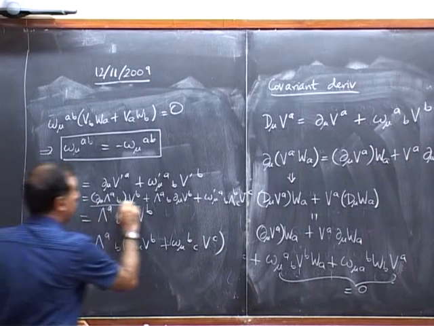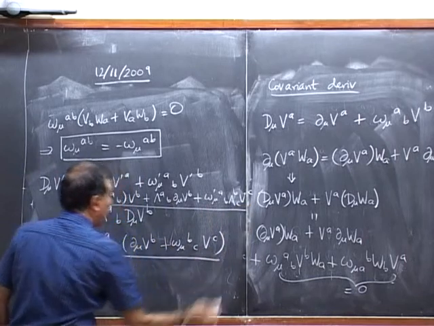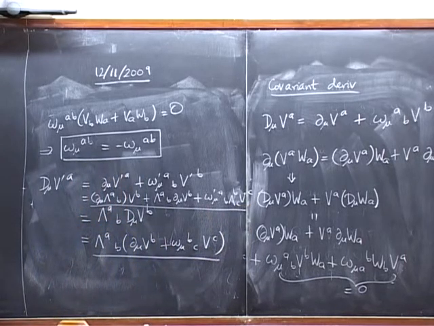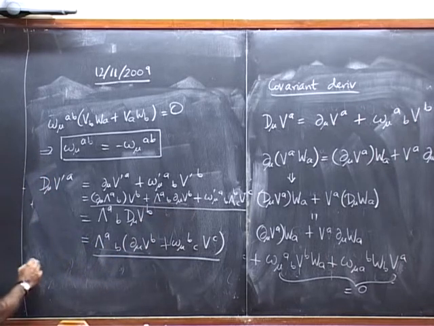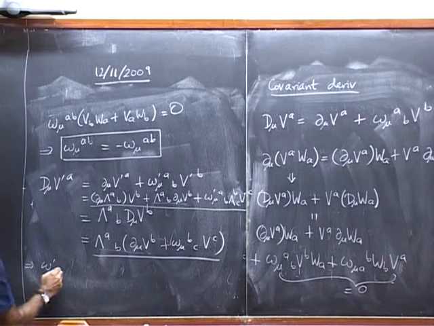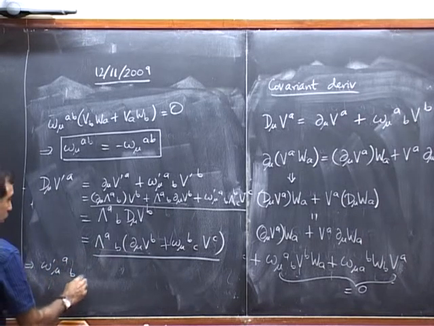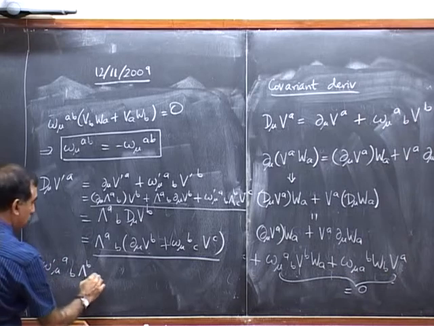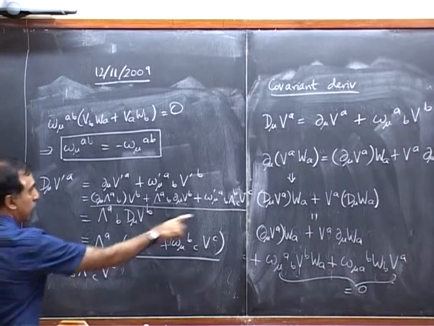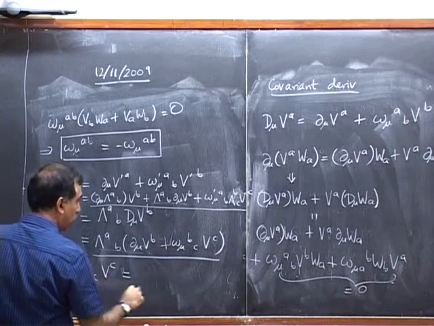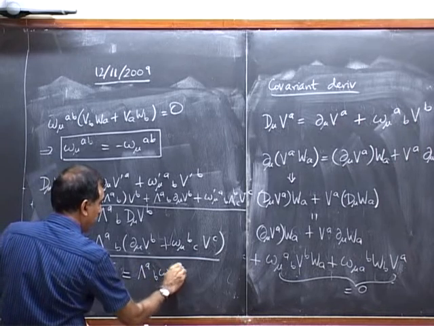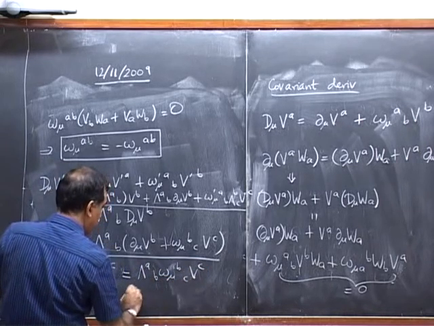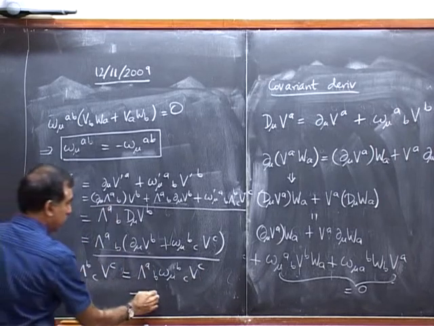So this is 1 and this is 2, and they have to be equal. So some term better drop out. I think this term drops out, this term drops out with that, and we finally end up with omega prime mu a b lambda b c b c plus this is equal to lambda a b omega mu b c b c minus this term brought on the other side.